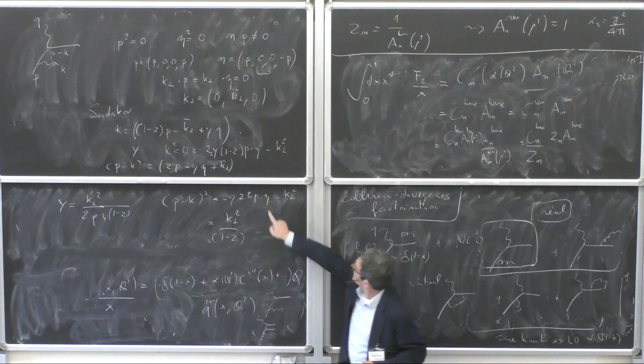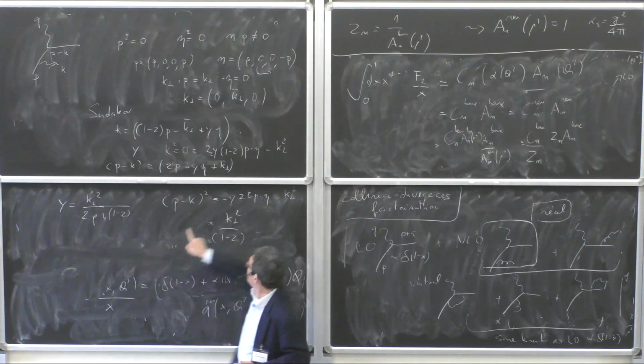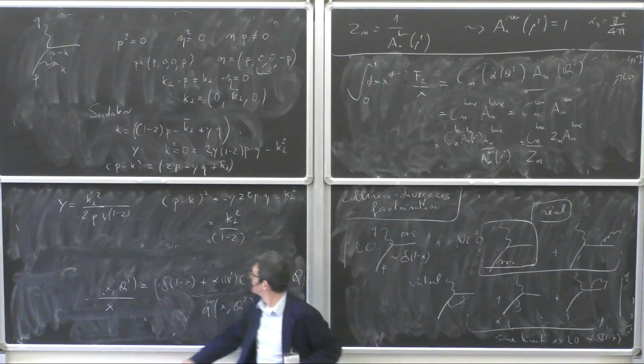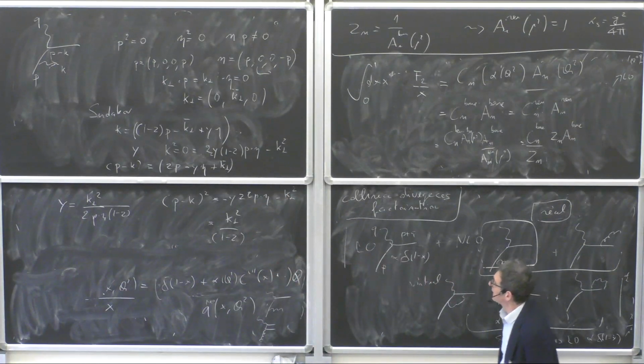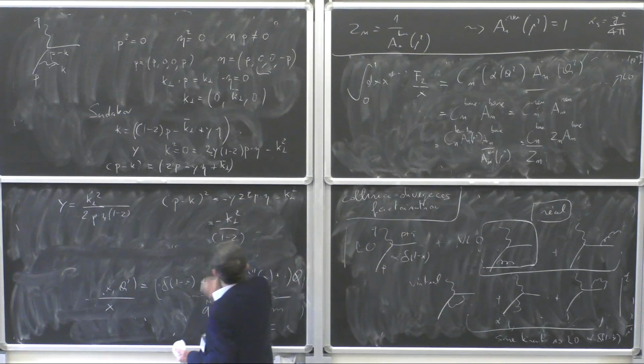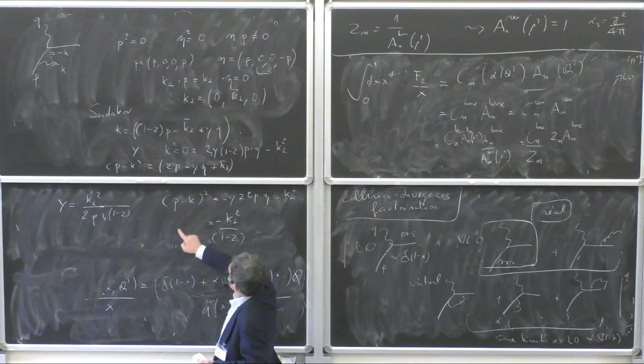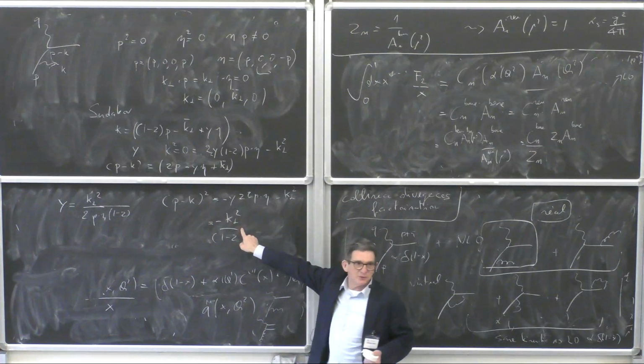Because this guy simplifies with this guy. I then add up the two terms, and I have (z plus 1) over (1 minus z). So this is what I get, with a minus sign, I guess. So you see the point is that (P minus K) square is proportional to k perp square.